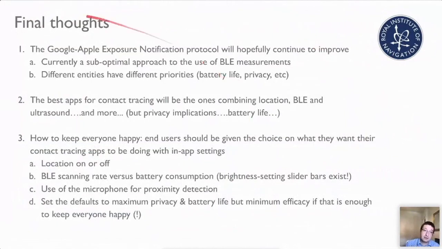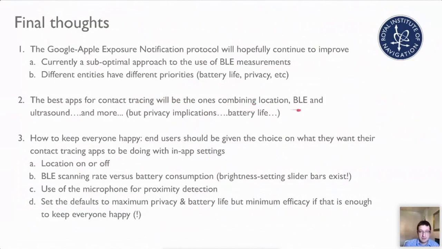Hopefully the Google Apple Exposure Notification Protocol will steadily improve. There are lots of improvements they can make. One of the biggest challenges is basically understanding what the internal priorities of a large company are versus what other entities' priorities might be, because we will inevitably always have this clash if different entities are deciding different things are the priority for contact tracing.